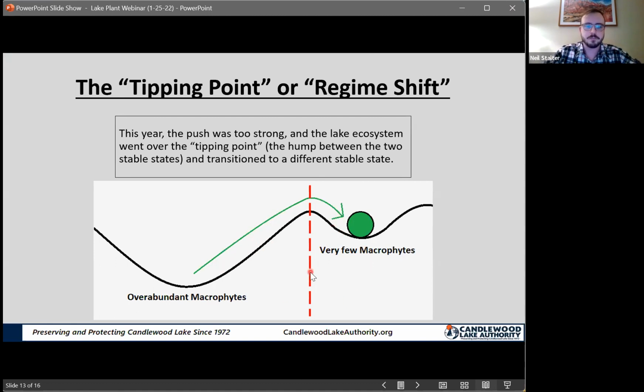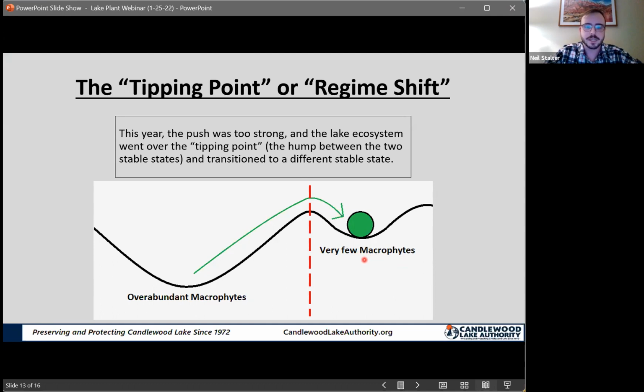But now basically, the ecosystem will tend to stay in this stable state until some forces act on it and push that ecosystem ball back the other way to try to get some of the plants back. You can see that obviously the state of very few plants is higher up on this graph, right?